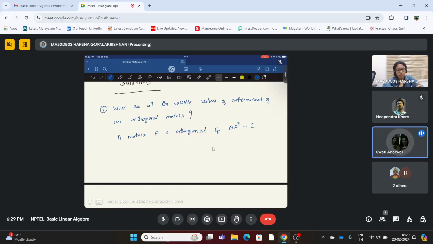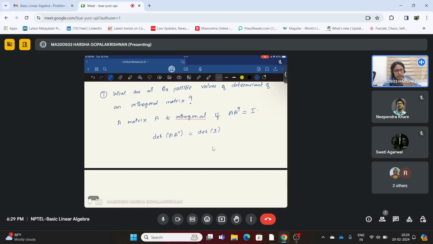Yeah, we can take the determinant on both sides. Determinant of A into A transpose equal to determinant of the identity. So A into A transpose equal to identity means determinant should be equal. Now what can we do on the LHS?